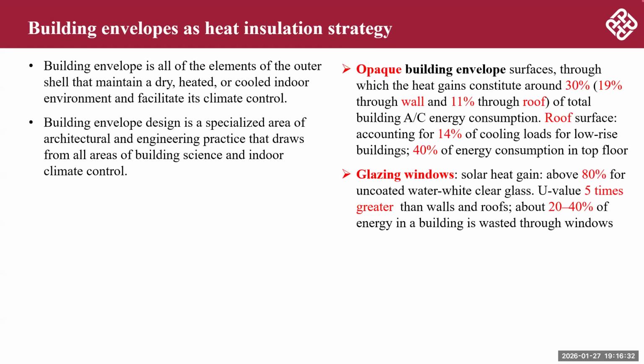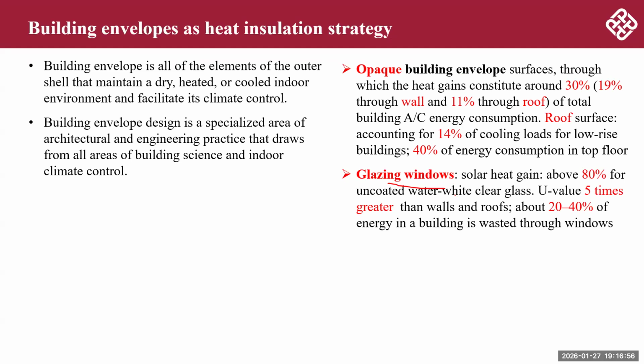One is opaque, so light cannot transmit through it into the interior space. And then there are the glazing windows. The main purpose of a glazing window is to introduce daylight into the space.